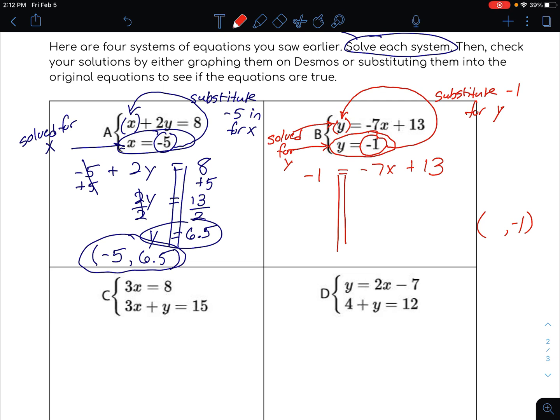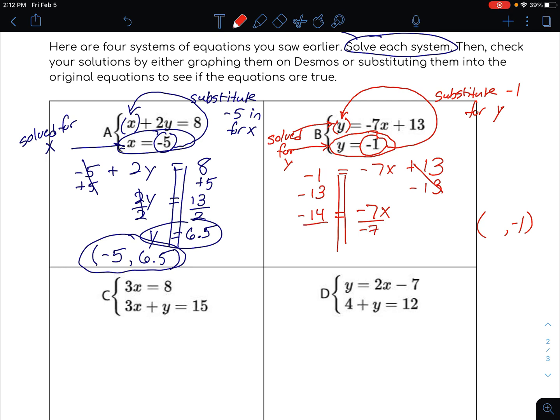So if I'm solving for x, let's see. X is on the right side of the equation, so I've got to move everything over to the left side. Let's start off by subtracting 13 from both sides. -1 minus 13 is -14, equals -7x over here. And then that's -7 times x.